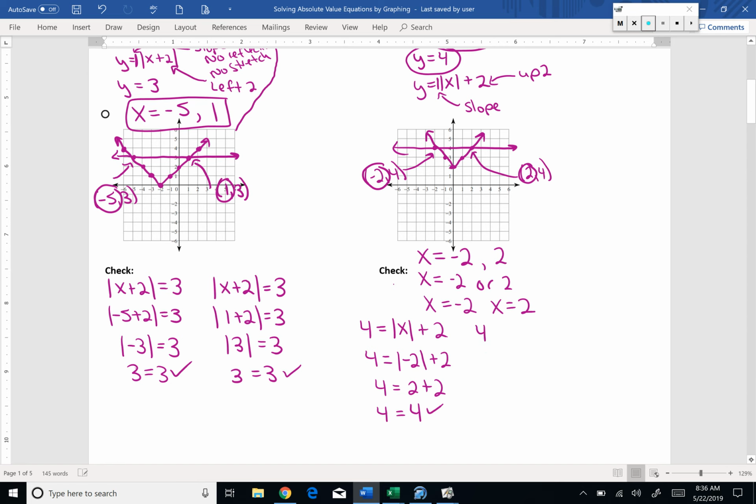Check our other one. So we put a 2 in. Absolute value of 2 is 2. And we do get 4 equals 4. We do get that piece.